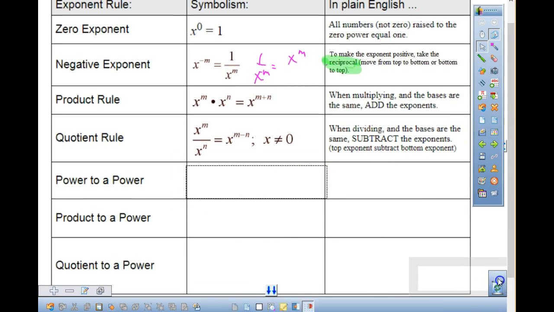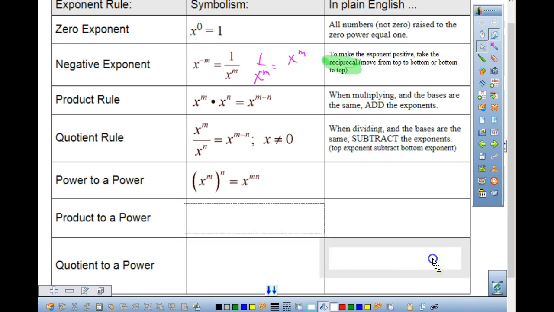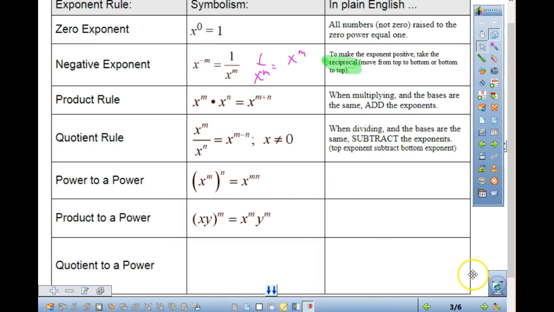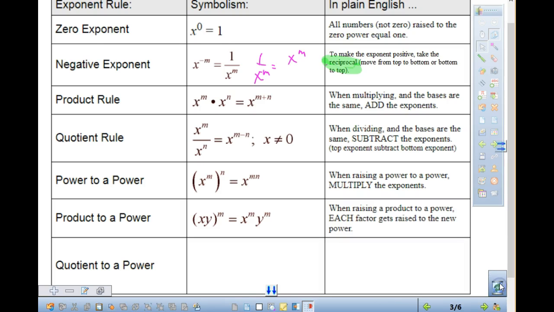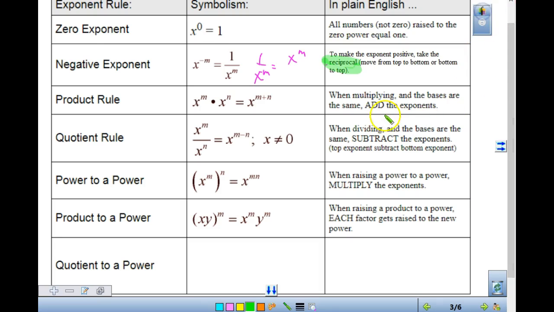Power to a power, that just means you have x to the m raised to the n. And then when you have two things inside that, all it means is each thing has to be raised to that power, and you are still multiplying. So this is when I was talking about, we add when we multiply, we subtract when we're dividing, we multiply those, and raising each factor to the power.